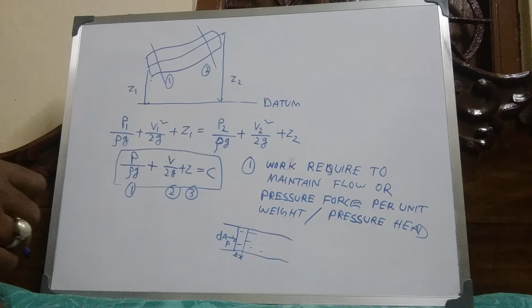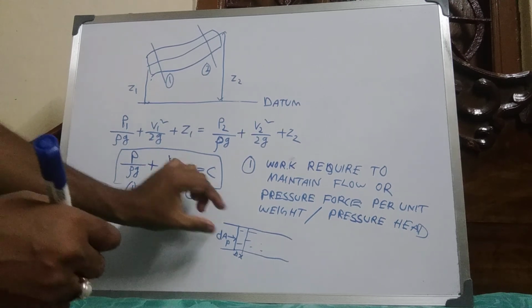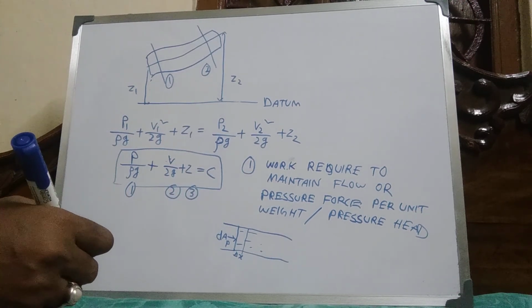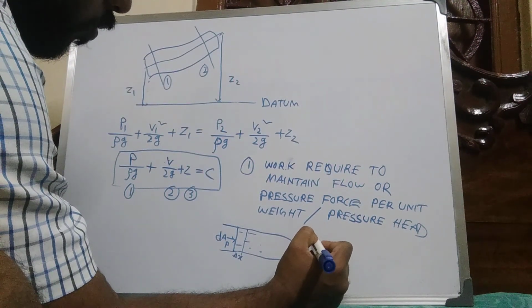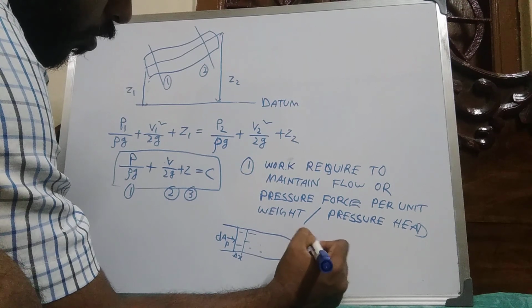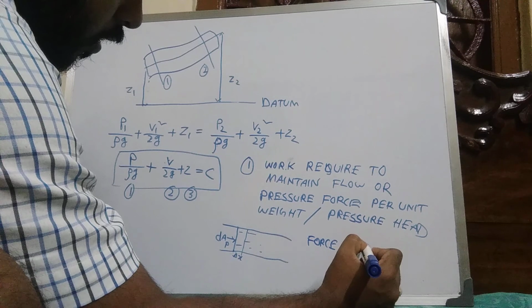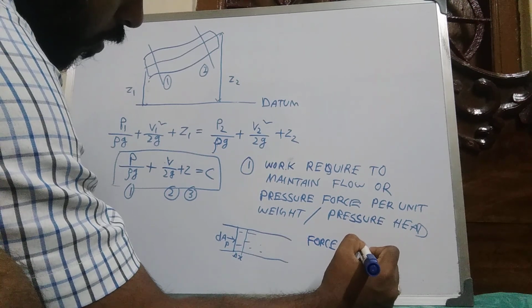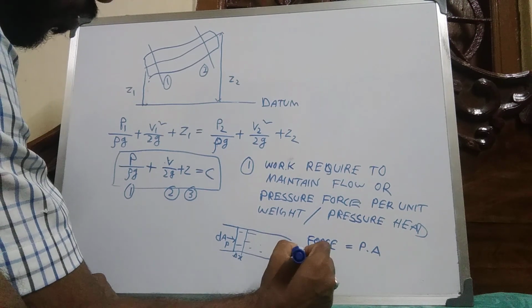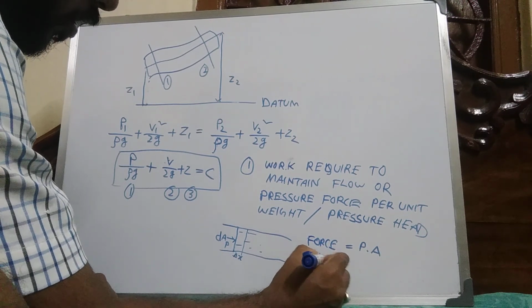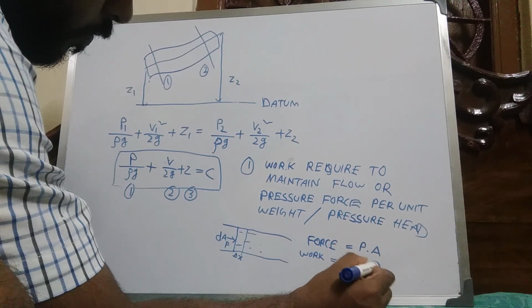After pressure P acts on this portion and displaces delta x, the force required to maintain the flow is P into A, and the work required equals force into displacement.